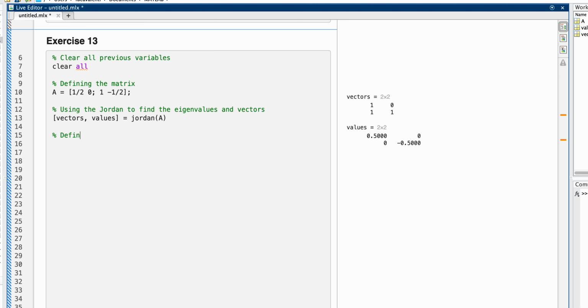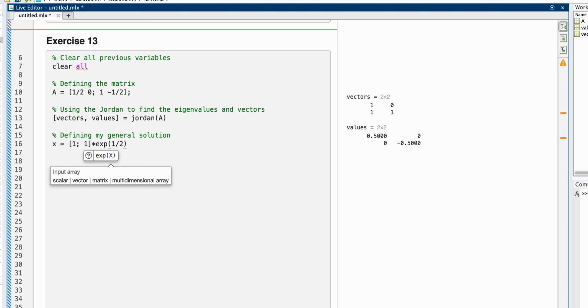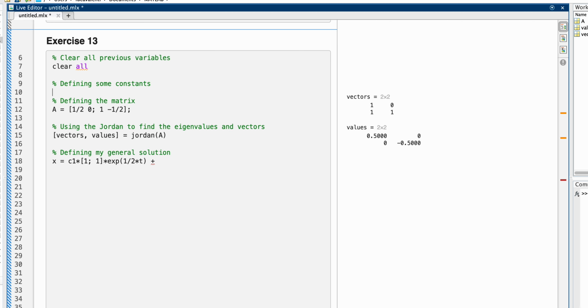So I can say, defining my general solution with the superposition principle, my general solution is going to be the vector 1, 1 multiplied by the exponent of 1/2 times t, plus C2 multiplied by the vector 0 and negative 1/2, all multiplied by e to the power. First, another thing we want to do up here is define some constants, and you do that with the command syms C1 and C2.